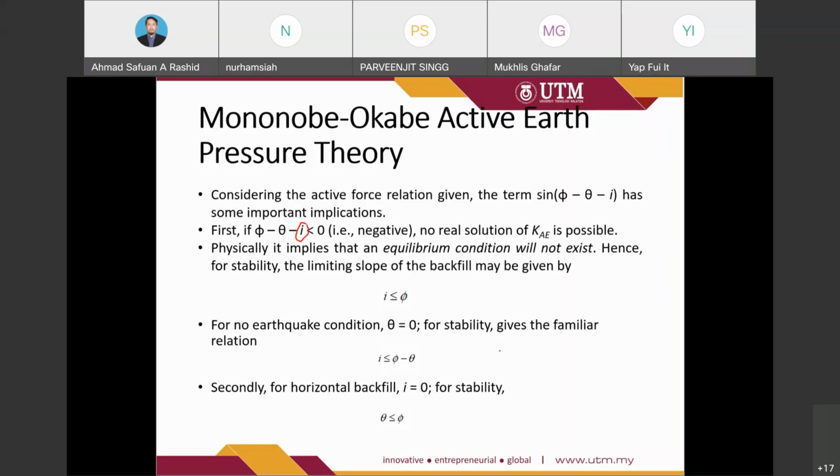Secondly, for horizontal backfill, I is equal to 0, and for stability, the theta should be less than phi. That's why the compaction effort is very important to reduce failure due to the earthquake event. By increasing the compaction effort, we can also increase the phi value.